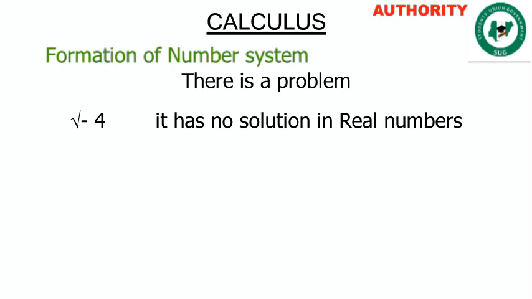The square root of what? Minus 4. When they're talking about square root, they're talking about a number that can multiply itself and give you a particular number. Alright? Good. Now, square root of minus 4 is talking about what is the number that will multiply itself and give you minus 4.